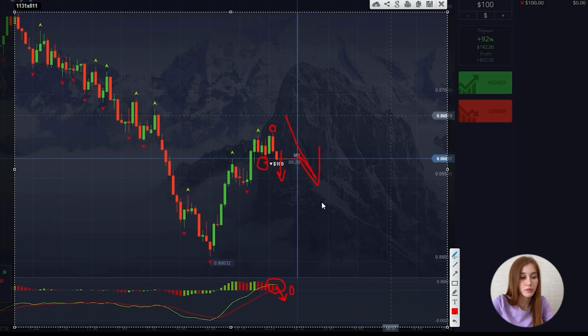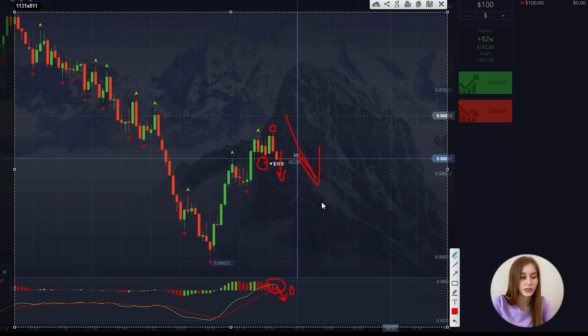Now let me tell you more about fractal. The fractals indicator was introduced by the famous trader Bill Williams. Traders often use fractals to determine the direction in which the price will develop, support and resistance levels, as well as placing a stop loss order. On a candlestick chart, this indicator looks like up and down arrows.